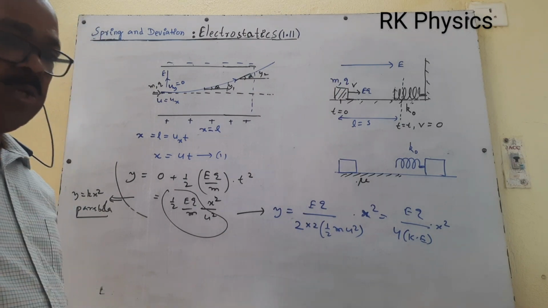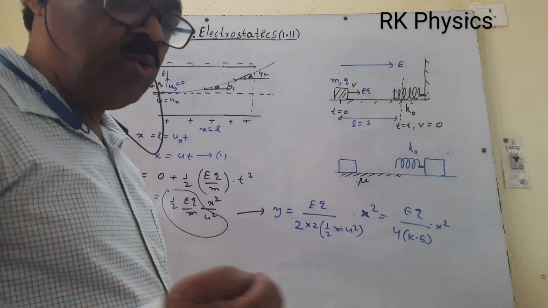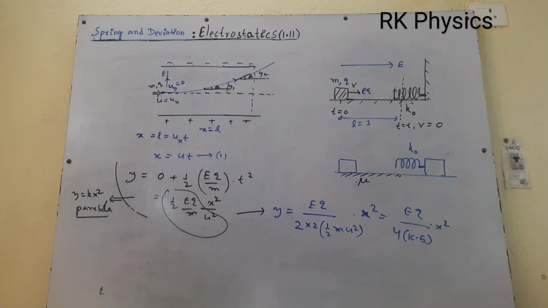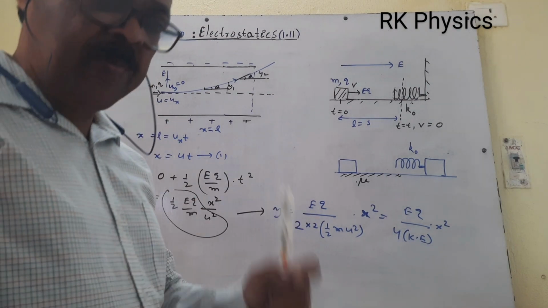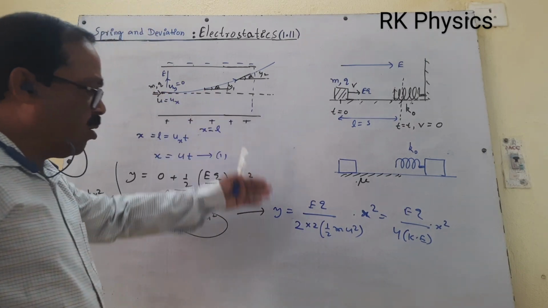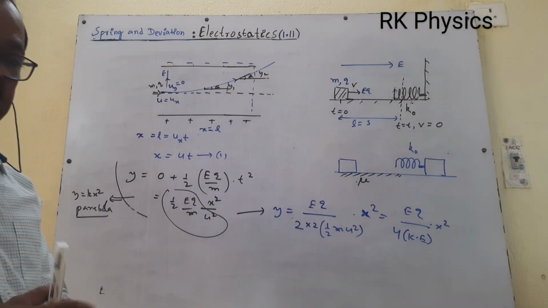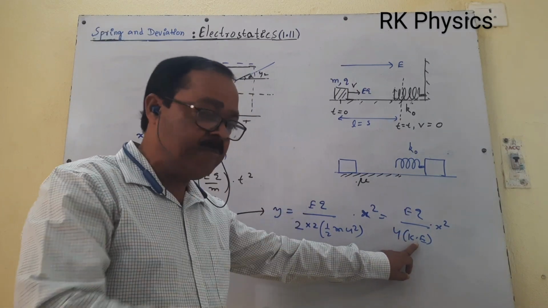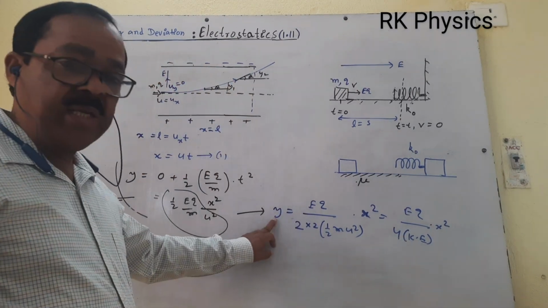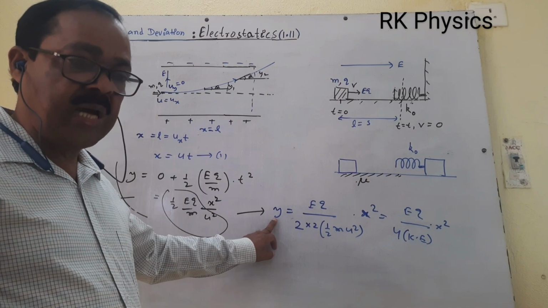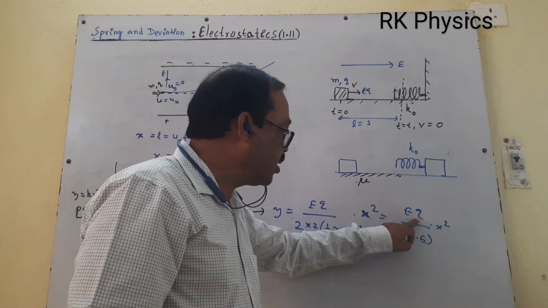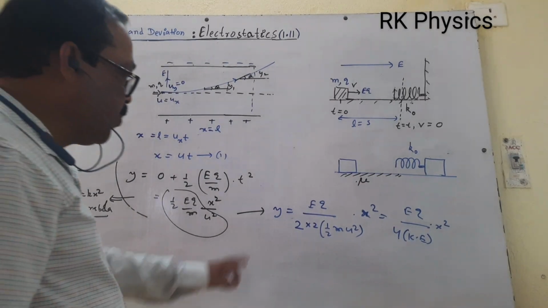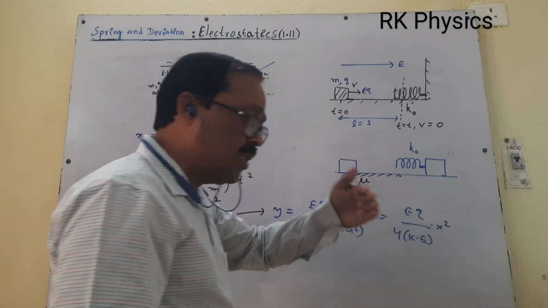Therefore, if you take two charges, say one proton and another electron, or one proton and another alpha particle, both moving along the same direction, suppose the condition is they possess equal kinetic energy K. If they possess equal K, then y is large for which physical quantity? Here y depends upon q, because the kinetic energy is the same.